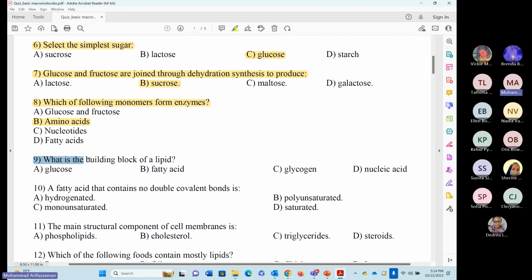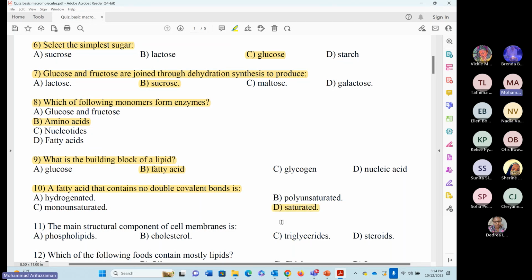So what is the building block of lipid? Fatty acid. Good. Fatty acid is the building block of lipid. A fatty acid that contains no double bond is saturated. Yes.